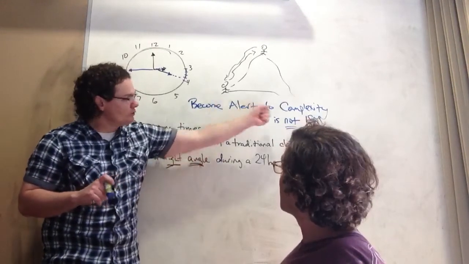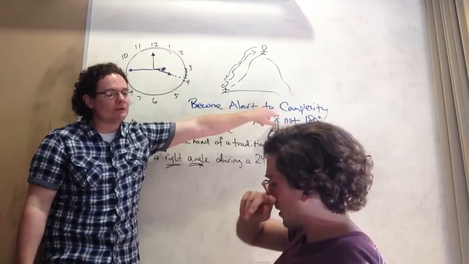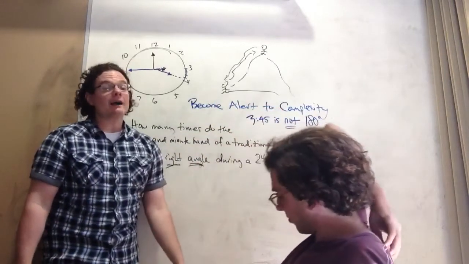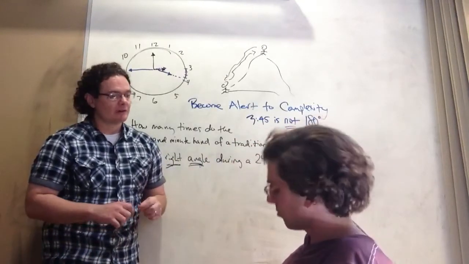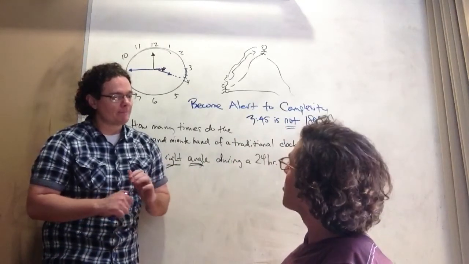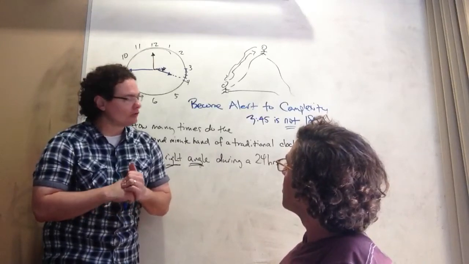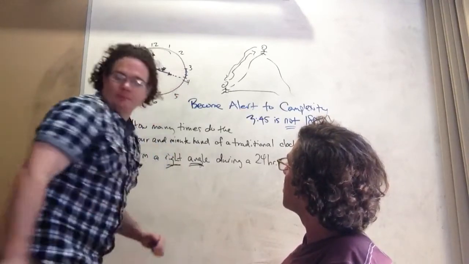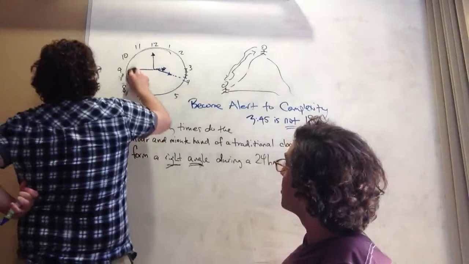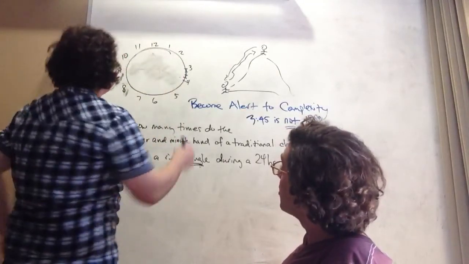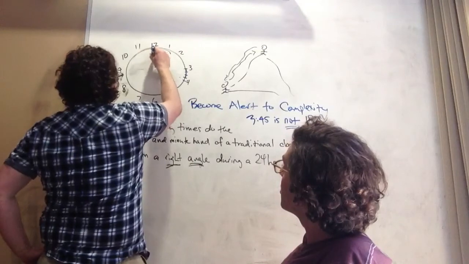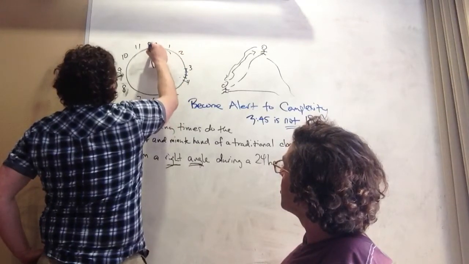So you've become alert to the complexity. The whole point of this is that we're not going to say, I'm so stupid, I can't figure this out, but it's not so simple. To illustrate this, at 12 o'clock, they're pointing in the same direction.